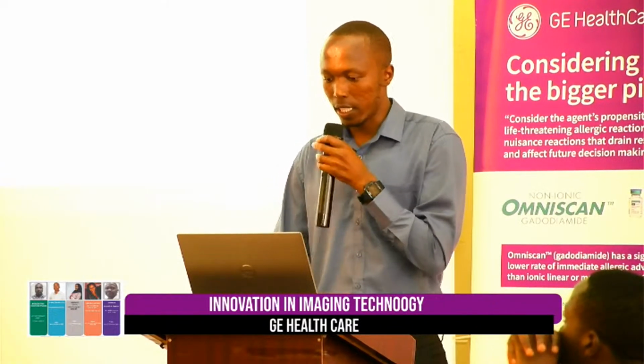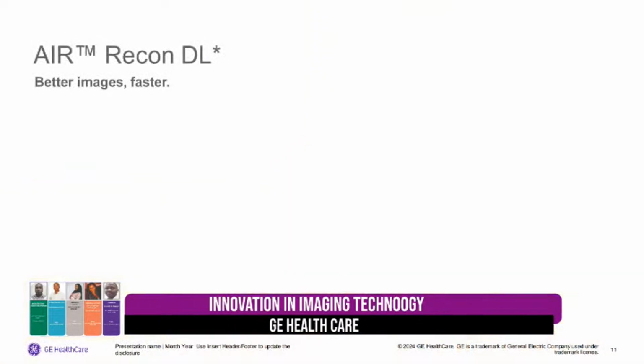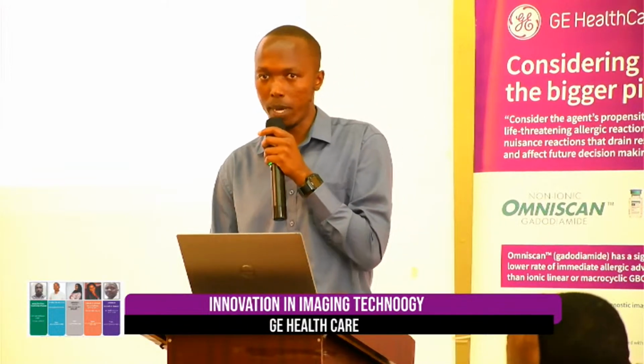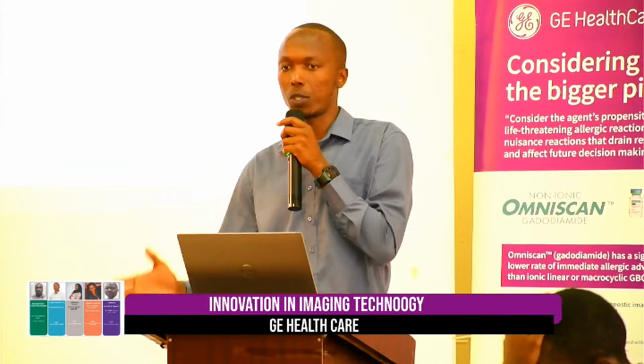The next is a big advancement in AI in MR, known as the AIR Recon DL. This is a deep learning algorithm. First of all, I'll take you back to what MR involves, and that is normally a triad of SNR, resolution, and time, whereby if you optimize one, you lose the other.